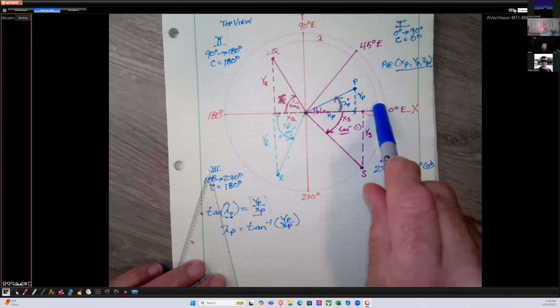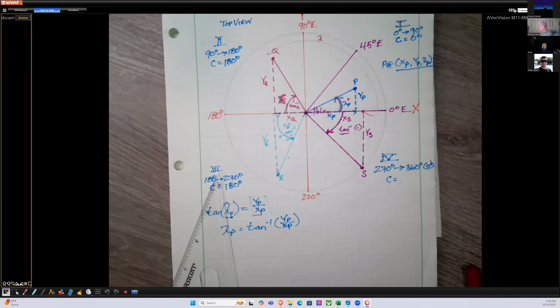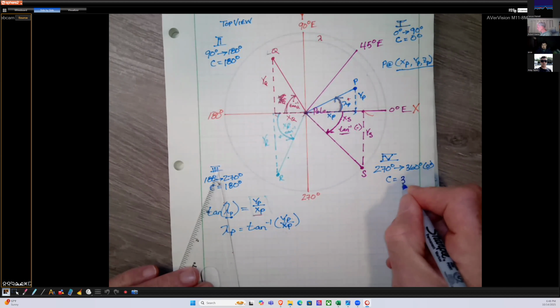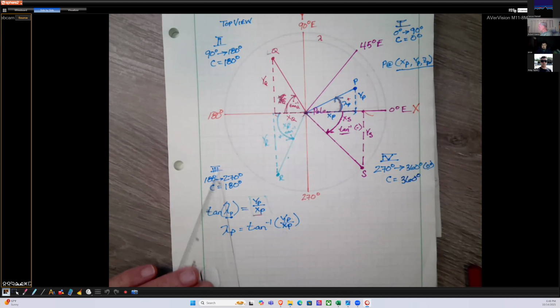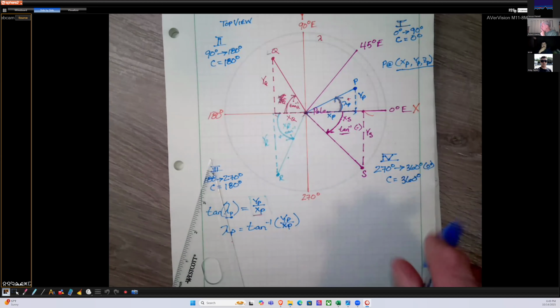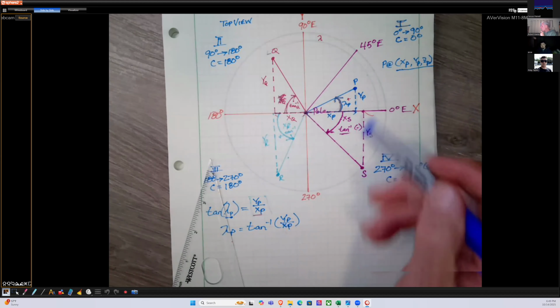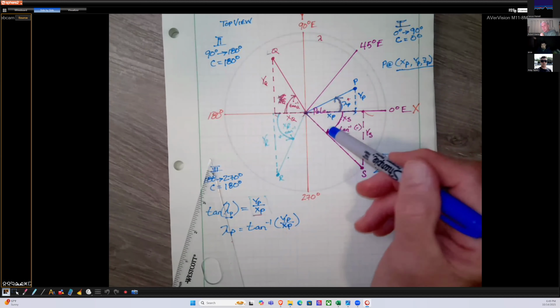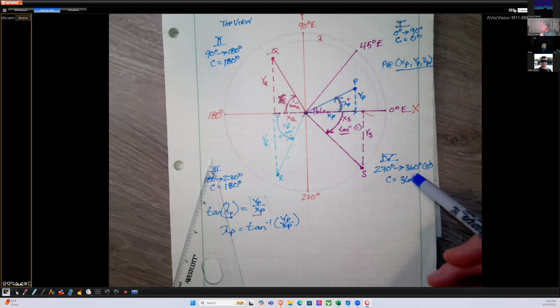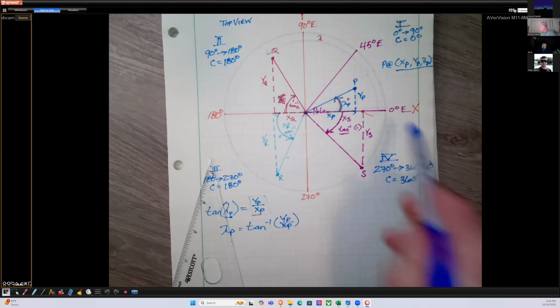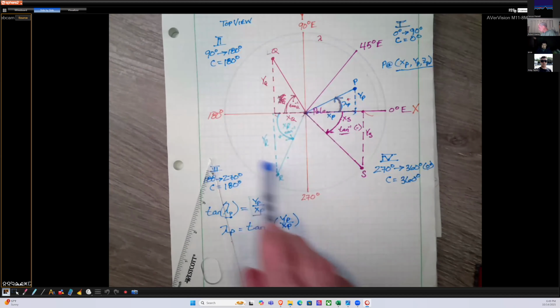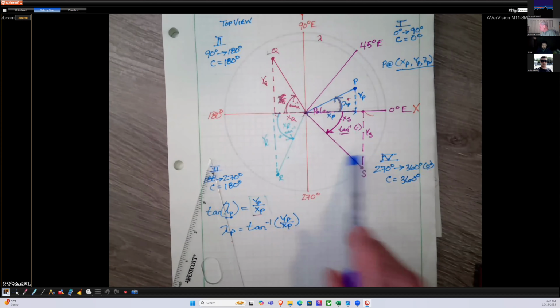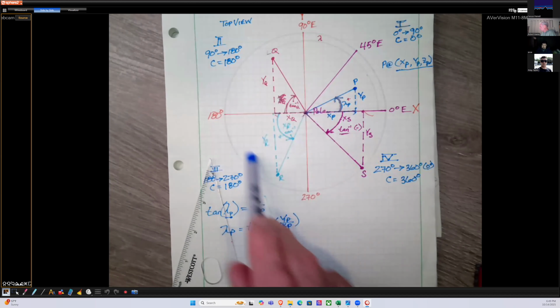Yep, C equals 360. Because if I add a negative angle to 360, it's going to make it less, right? It's going to make it the complement of the 360, which is the longitude here.